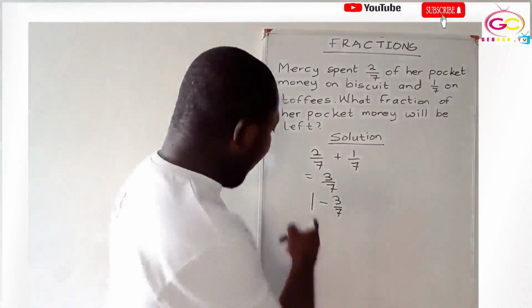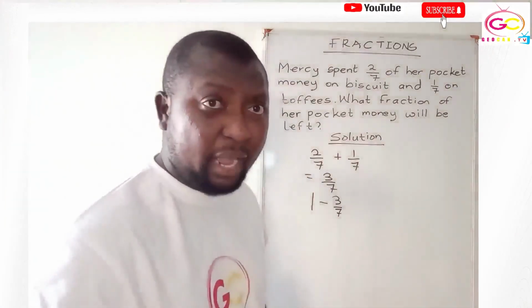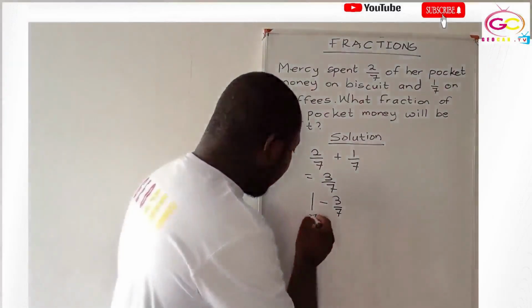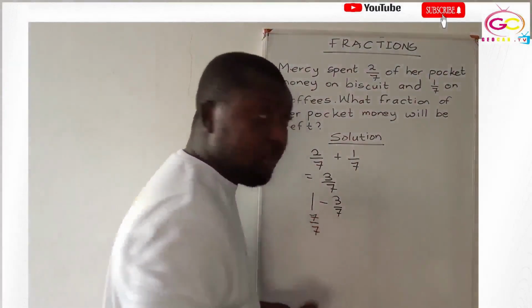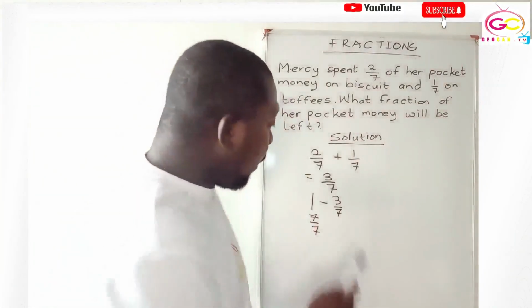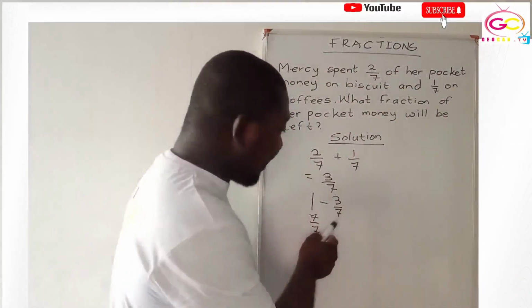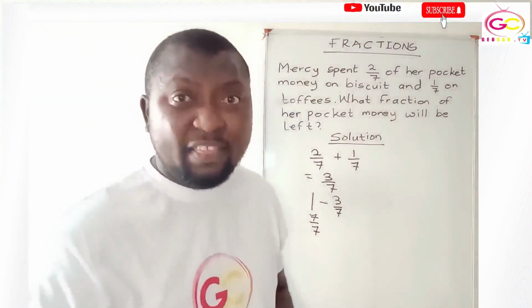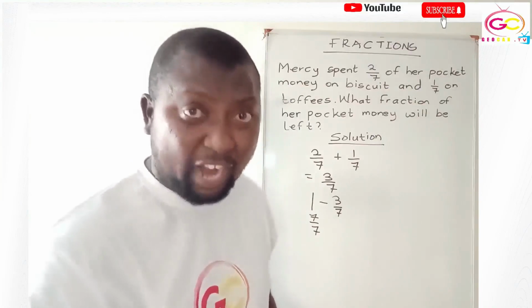Good. So now, this 1 whole number can also be written as what? 7/7. 7/7 is the same as 1, right? Good. Why did I write 7/7? Because I want to have a denominator of 7 here in order to make it easy for me to do that subtraction, right? Good.